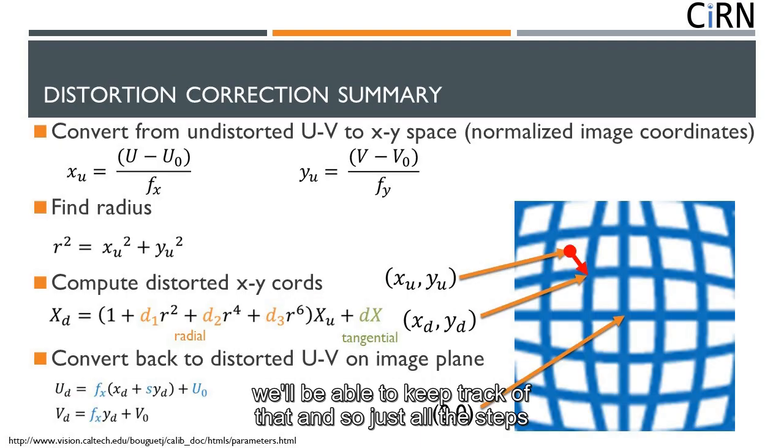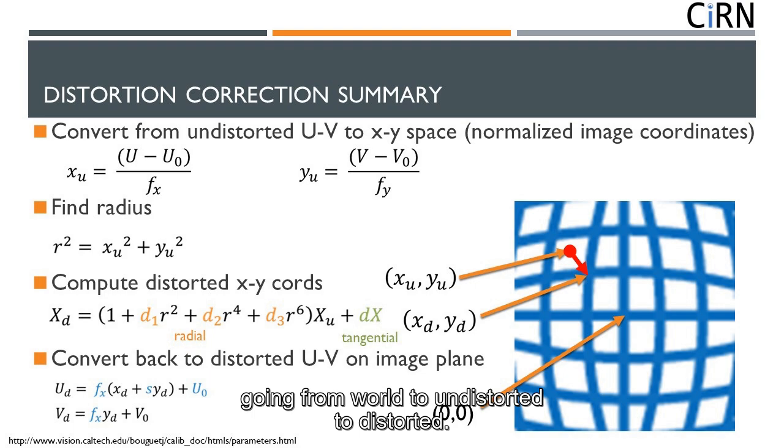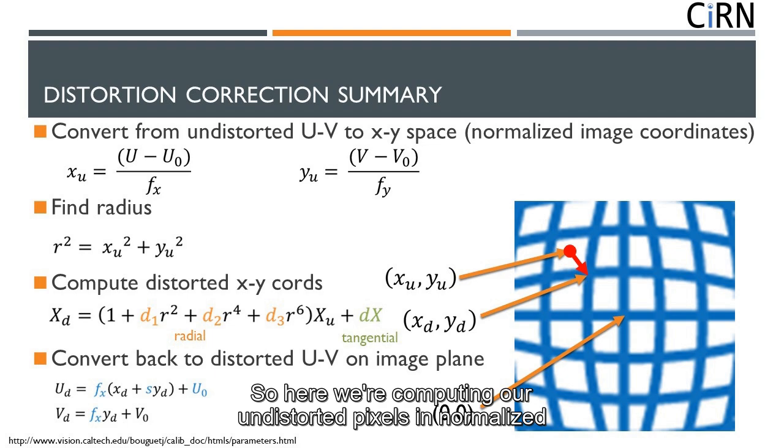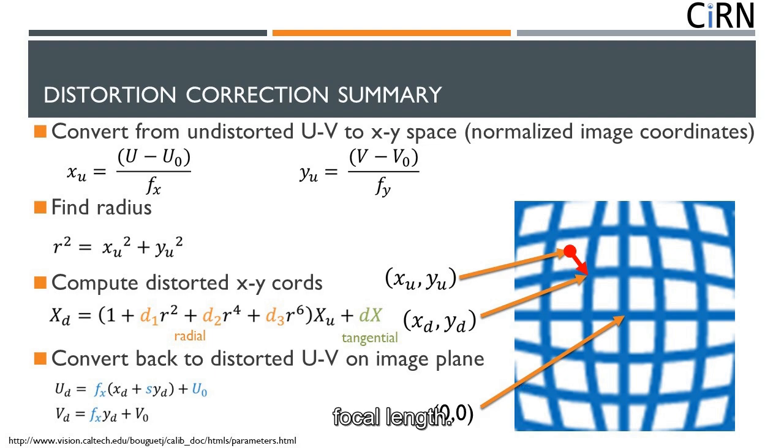Here are all the steps in one slide, a summary. Like Kate told us, we're going from world to undistorted to distorted. Here we're computing our undistorted pixels in normalized image coordinates by accounting for the principal point and the focal length.